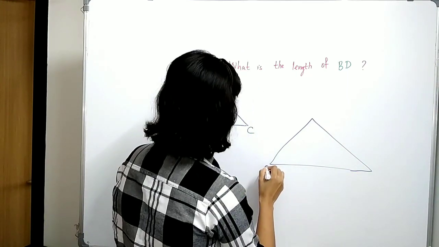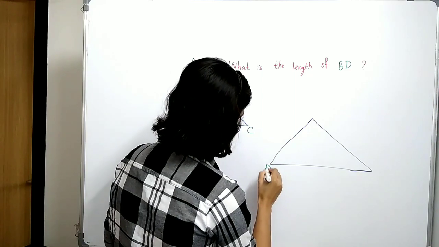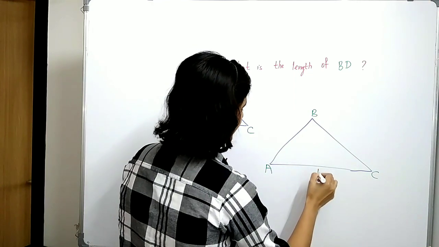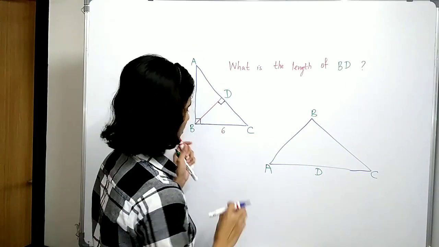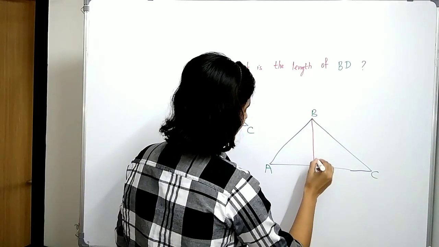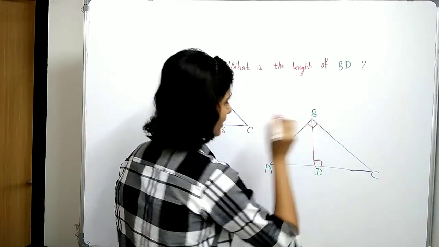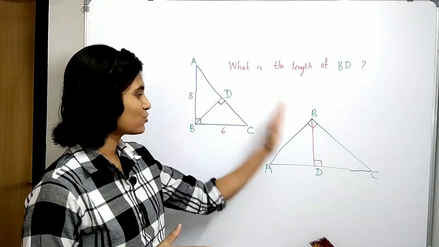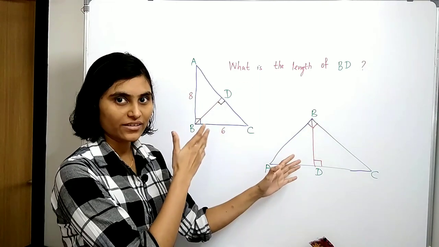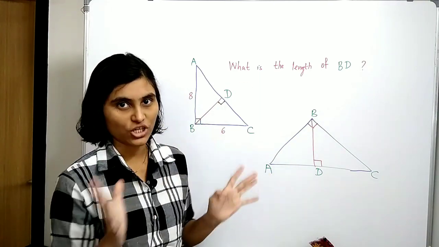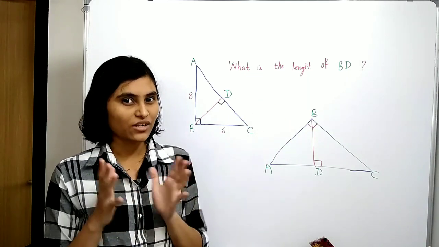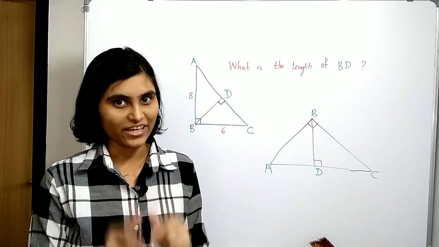So here we have AC, and then this is our B and this is D, and this is a right angle triangle, right? Now observe that these two triangles are the same because we are just rotating this triangle, right? So the triangle is not going to change, and similarly the area will remain the same. This is something called as affine transformation in higher mathematics.